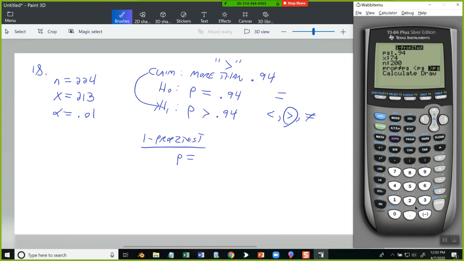X is 213. N is 224. The symbol off of H1 is a greater than. Mine's greater than is already selected, but if it wasn't, I would right arrow over to it, press enter to select it, and I choose calculate. Now the P equals is our p-value, which is 0.2462.